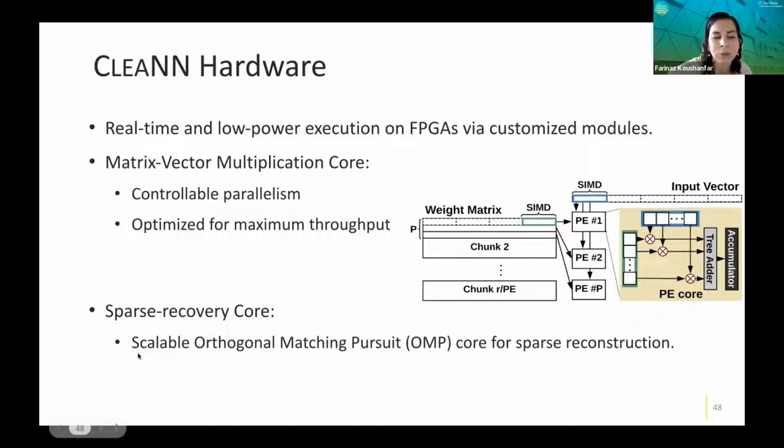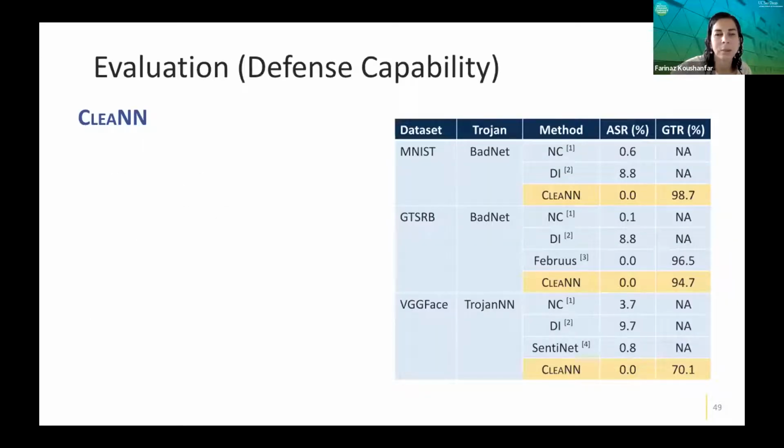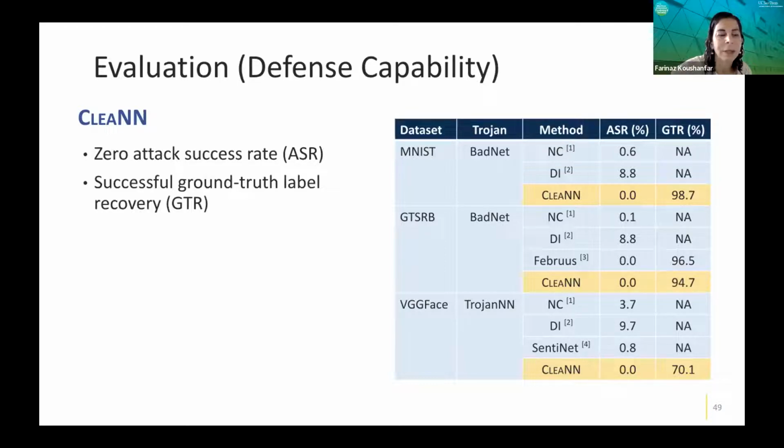The sparse recovery is done using a scalable orthogonal matching pursuit (OMP) core for sparse reconstruction, and a combination of both, which we did using resource provisioning on FPGA, has provided us with accelerated operation of the data poisoning attack detection.